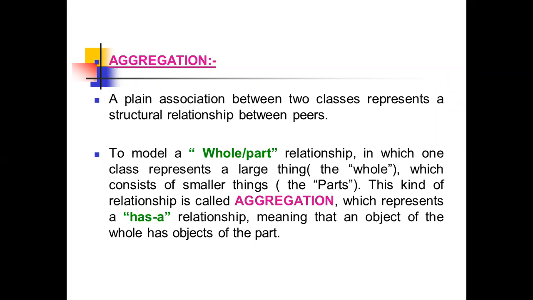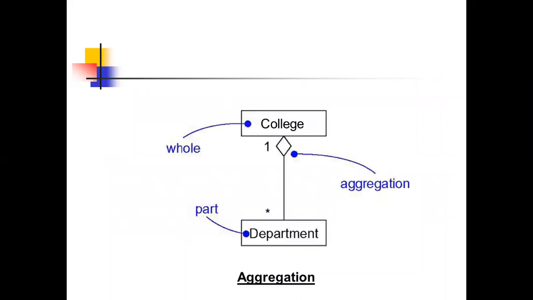A hollow diamond is attached to the end of the path near the whole. Here in the example you can see college and department. College is the whole and the department is the part. This is the hollow diamond, attached to the whole end.